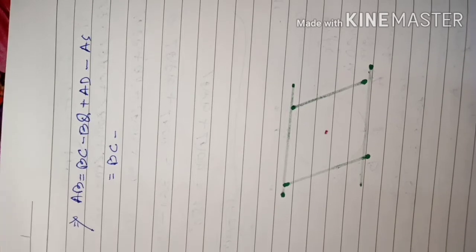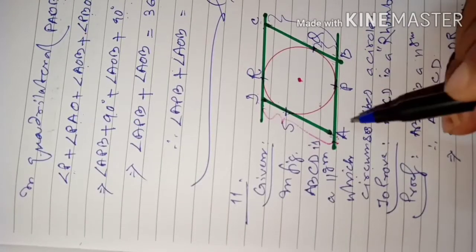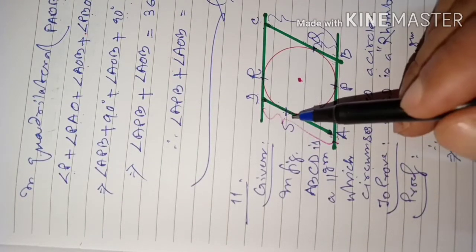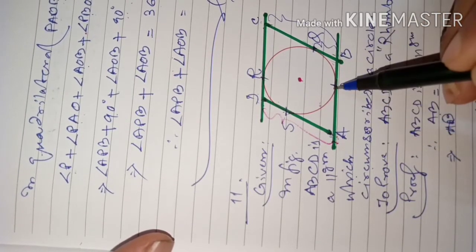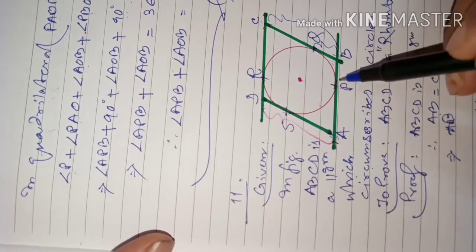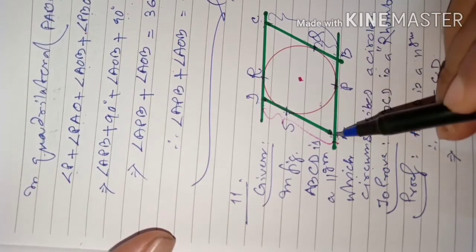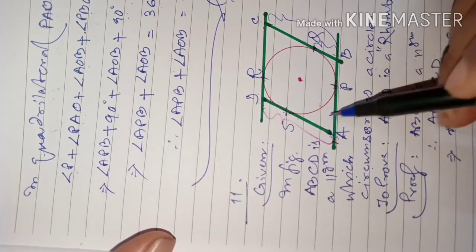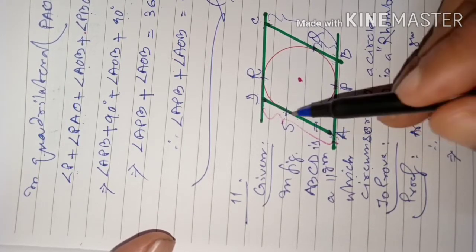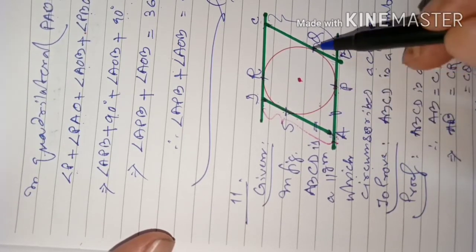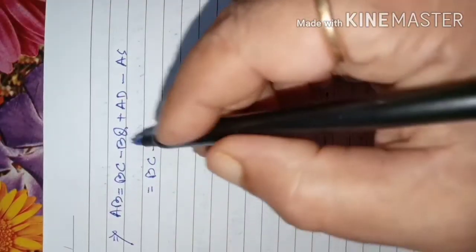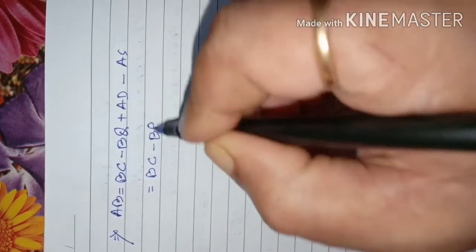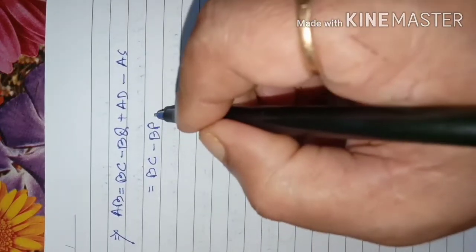BQ can be substituted by another part there in the diagram. Just look at the diagram here. This we have BQ. BQ can be substituted by BP, and AS can be substituted by AP, because they are also tangents from an external point. So where AS is there, we will write AP. Where BQ is there, we will write BP. Okay. So this BQ I am substituting by BP, tangents from an external point, and plus AD.